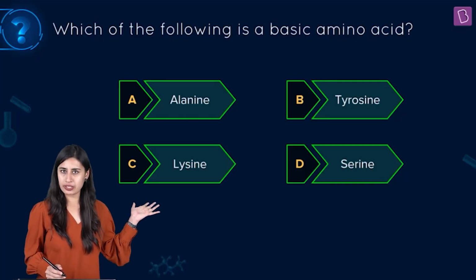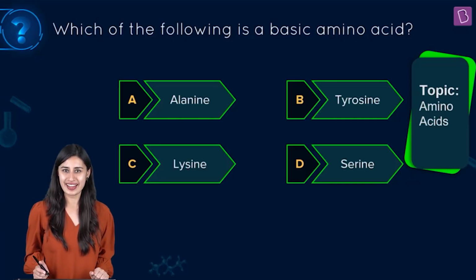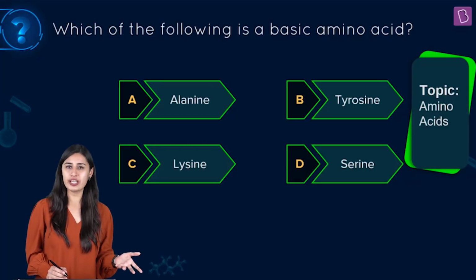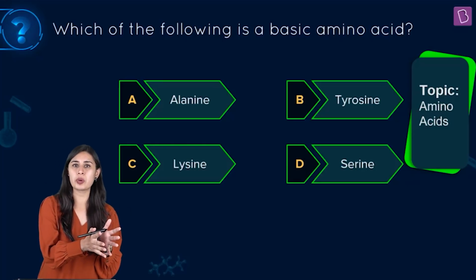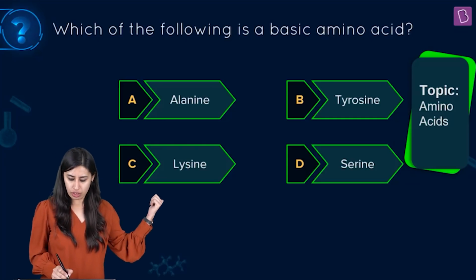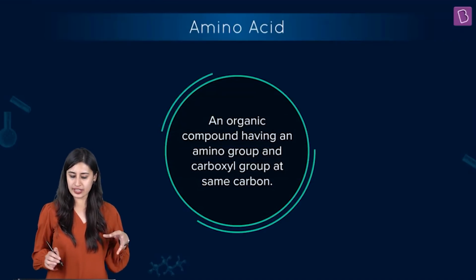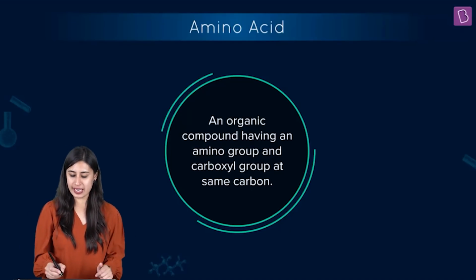So when I talk about this question, of course, this is from amino acid biomolecules yet again. And the important thing that you know already about amino acid is there is an amine group, NH2 group also attached, and there is a COOH group also attached. So amino acid, when we say, is an organic compound having an amino group and carboxyl group at same carbon.